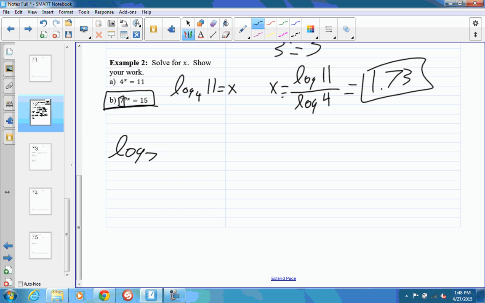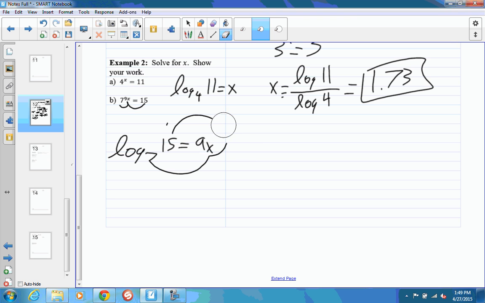So log base 7 of 15 equals 9x. So I'm saying 7 raised to 9x equals 15. I didn't switch 15 into 9. I'm just saying the same thing. This is just the definition of a log. 7 raised to 9x equals 15. That's just the definition of a log, guys.